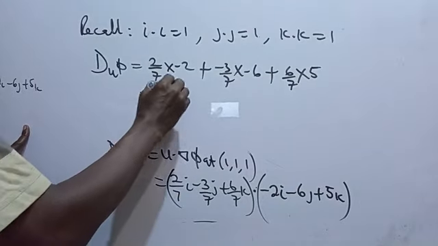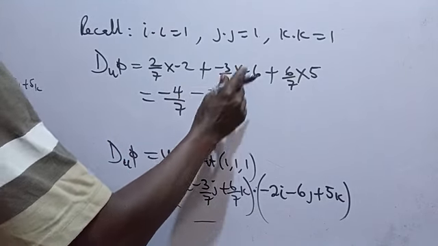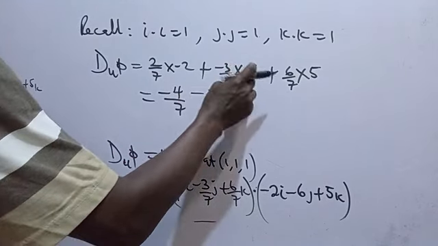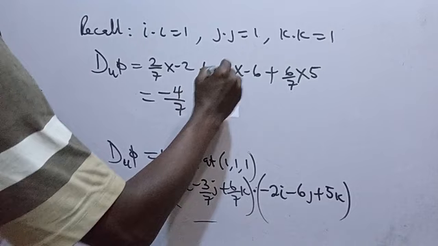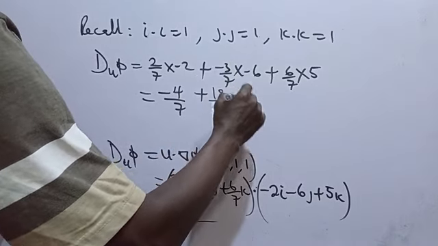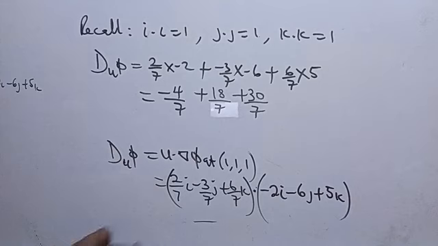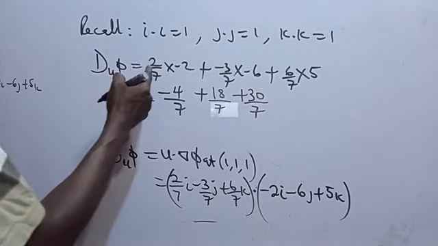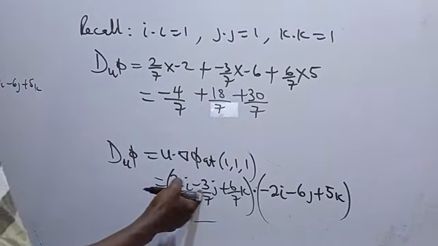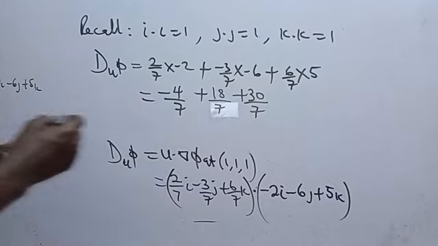So here we have minus 4 all over 7, minus 3 times minus 6, that's plus 18 over 7, plus 30 all over 7. Let's check the signs very well so that we don't run into trouble. Plus times minus, yes, this is minus, good. Minus times minus, that's plus, fine. And plus times plus, beautiful.